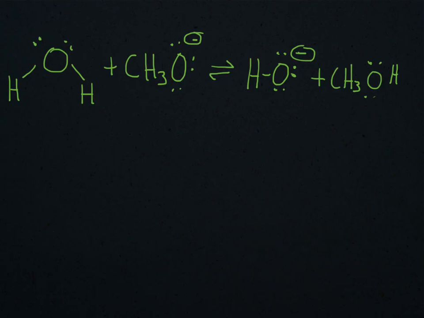Now let's identify the mechanism by which this reaction comes to be. First of all, let's identify the base and the acid. In this case, the CH3O- would be the base, and the acid would be the water. So the water would be donating this proton, and the base would be accepting it.